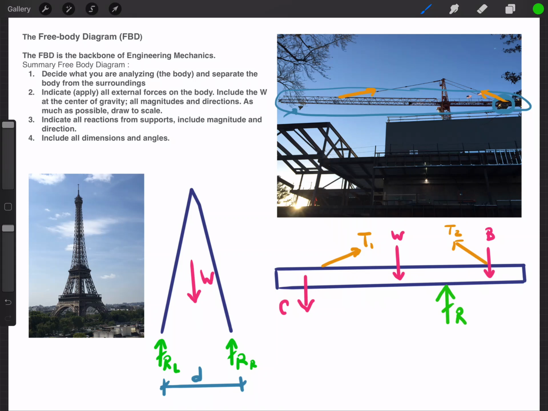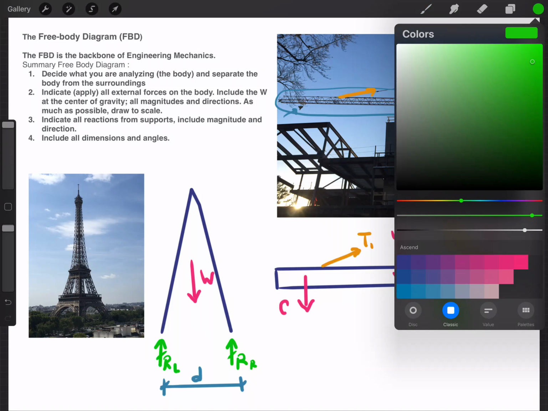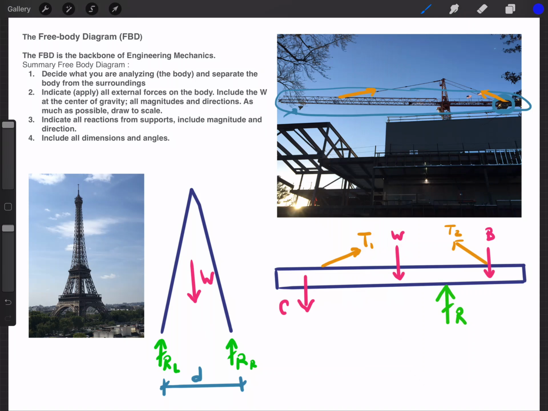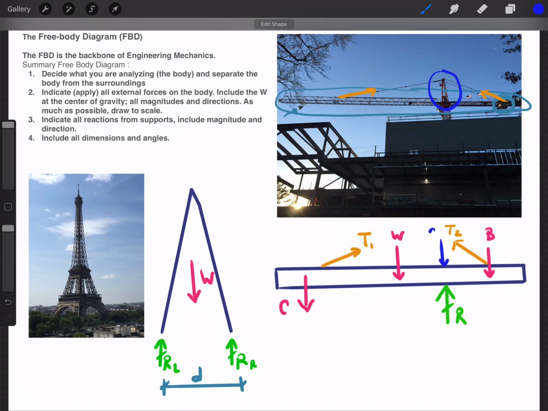We'll call that one R. And I suppose we could put the top part of this here is probably pushing down here as well.